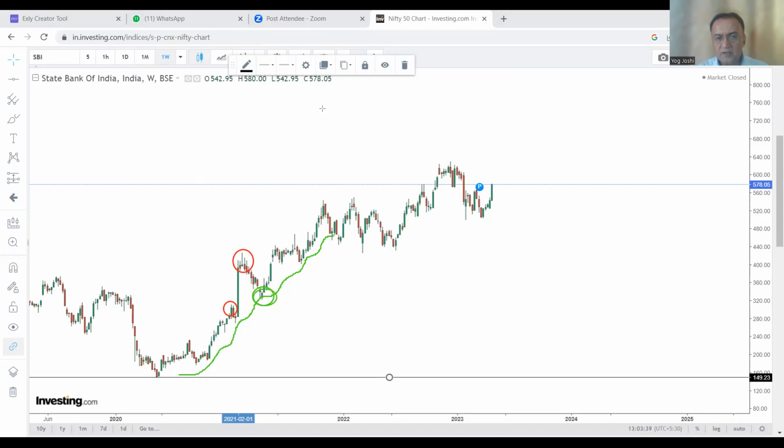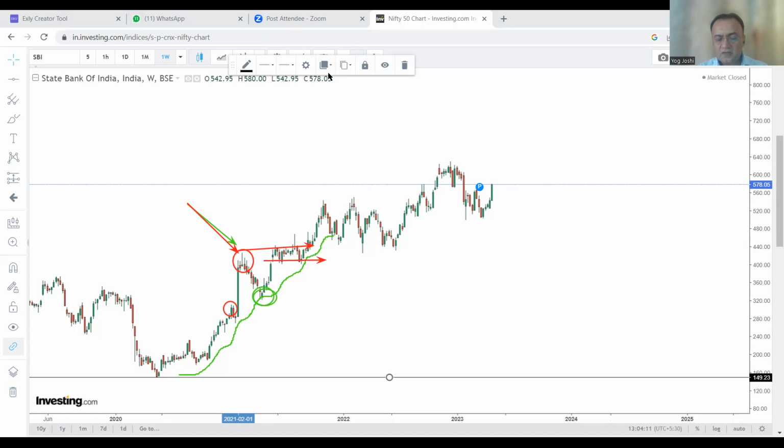Now, once again, as per the historical data, this is the resistance area, highlighted by the red arrow. As per the historical data, the chart is clearly undergoing sideways movement.